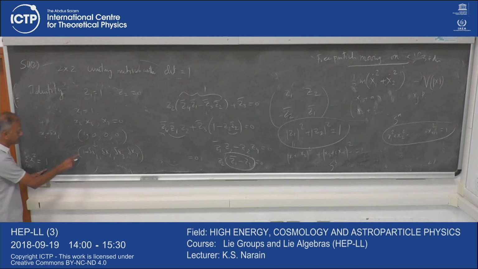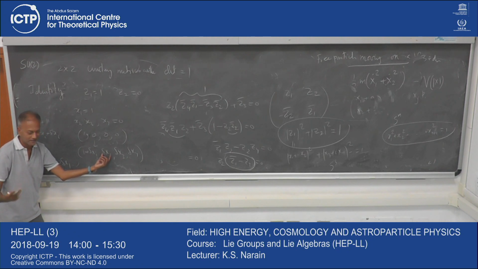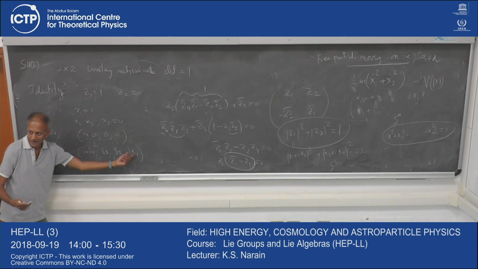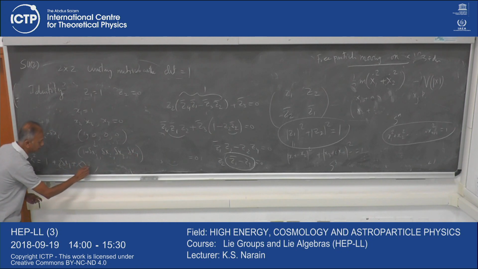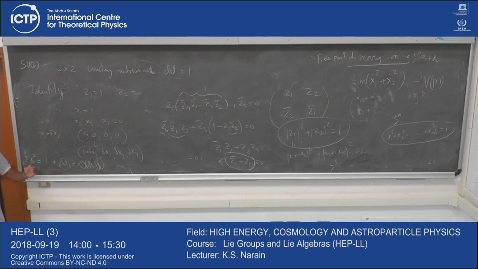To the first order, when I take the square, you get 2 times delta x1. Then delta x1 squared is second order, and delta x2 squared and delta xi delta xj are all quadratic in the small change. But we are ignoring the quadratic terms. So you see that to the linear order, delta x1 has to be 0.